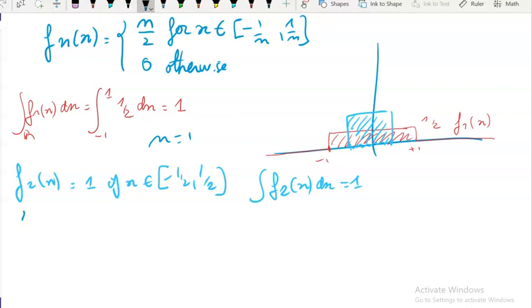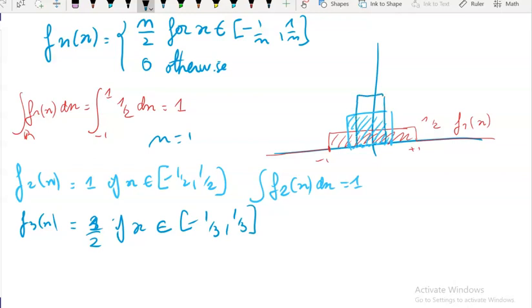If I'm doing f3 of x, it's going to be 3 over 2 if x is between minus 1 over 3 and 1 over 3, and so I'm going to get something like this. So I'm not exactly decreasing by 2, but it's something very similar. In any case, this area is still going to be equal to 1.